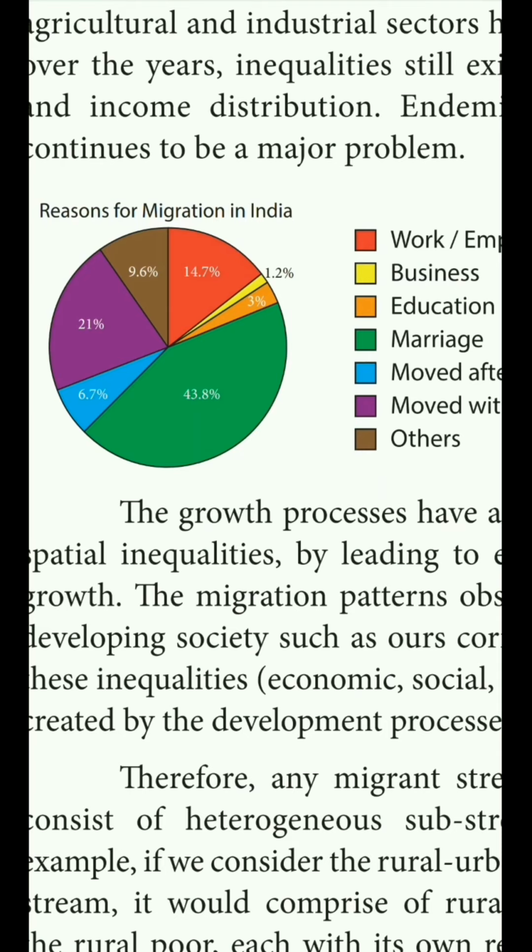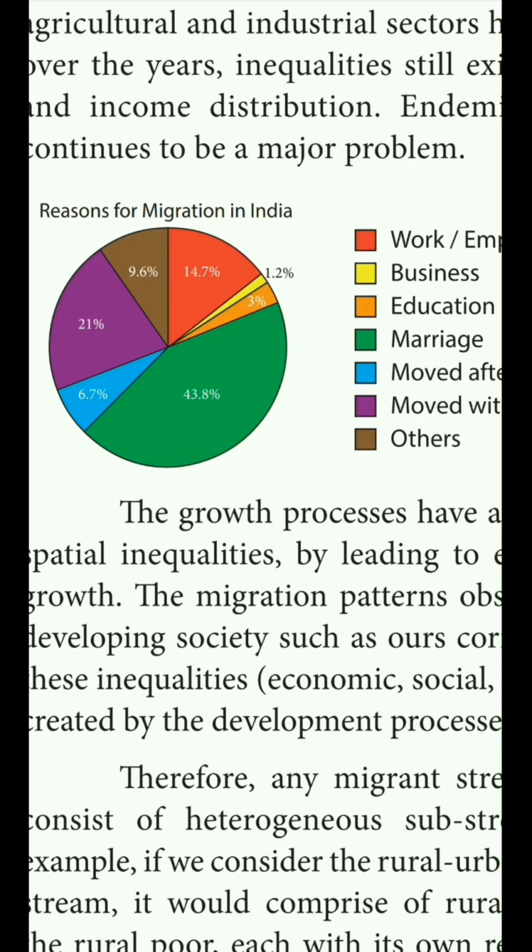How much percentage of people are moving for work or employment? 14.7 percent. For business, 1.2 percent only. For education, 3 percent of people are moving, and the next one, 43.8 percent, is mostly marriage.